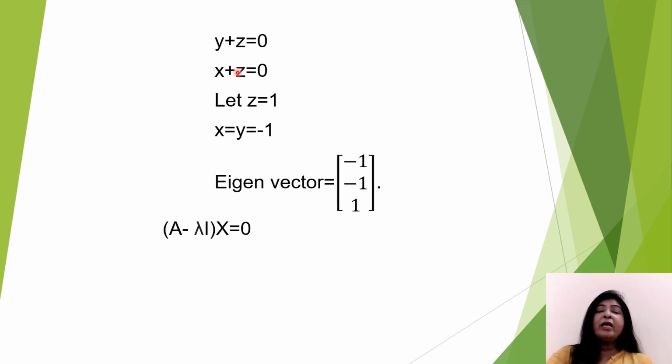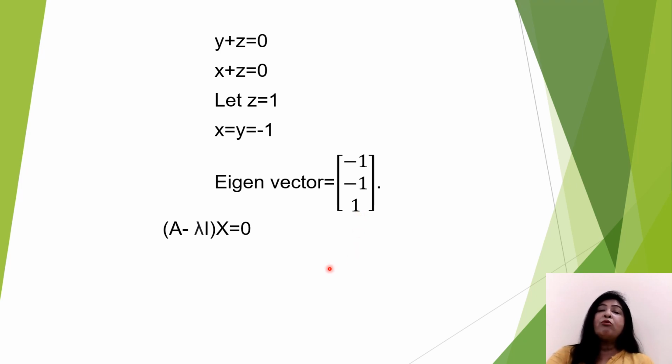Now you are getting two equations in three unknowns, and unknowns are x, y and z. So we have to assume 1. Let us take z is equal to 1. If I take z is equal to 1, I will get x is equal to minus 1, y is equal to minus 1. So the eigenvector becomes (minus 1, minus 1, 1).